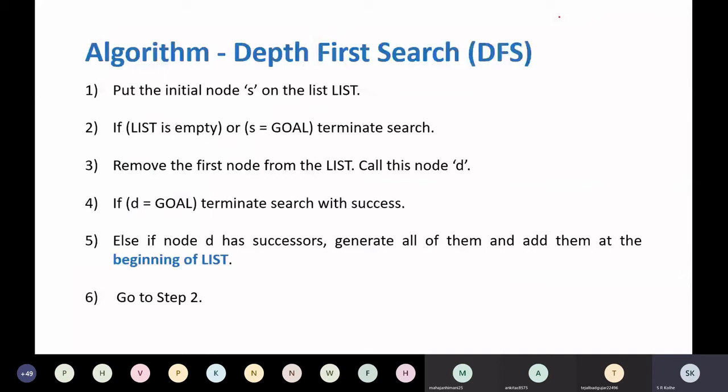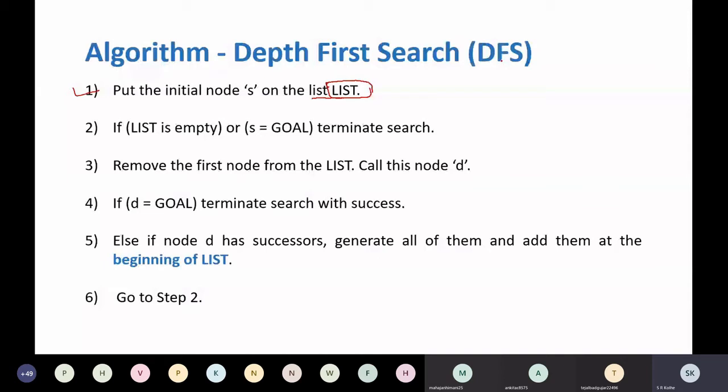So we will start with the initial node. Put the initial node S on a list, and we are going to call that a list. List is the name of a data structure that we are going to use. So the starting node S we have put on the list.